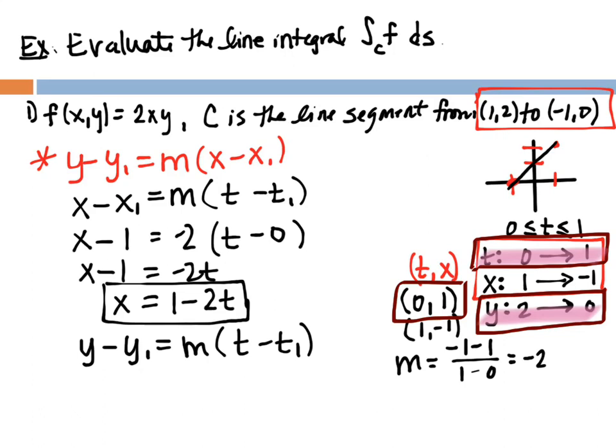So if I think about these as an ordered pair, what's my ordered pair for this one? 0, 2, and 1, 0. That's what happens when you don't erase.